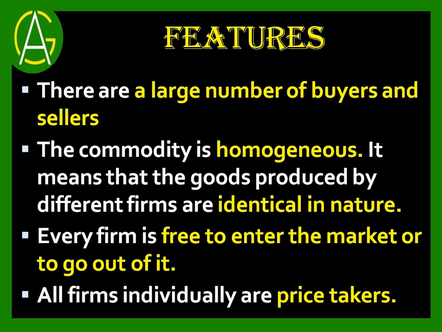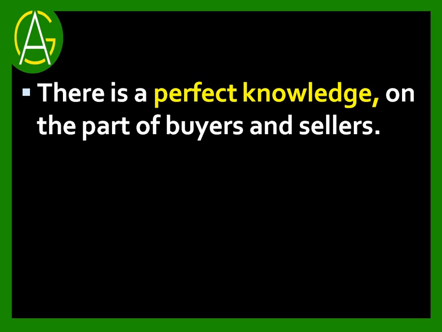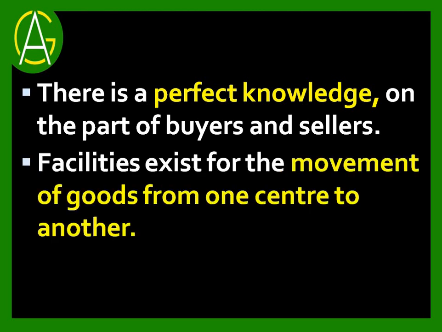Let us see what three features are there. The first of these three is that there is perfect knowledge on the part of buyers and sellers. Perfect knowledge on the part of buyers and sellers means buyers know about the sellers and sellers know about the buyers. And then facilities exist for the movement of goods from one center to another center.